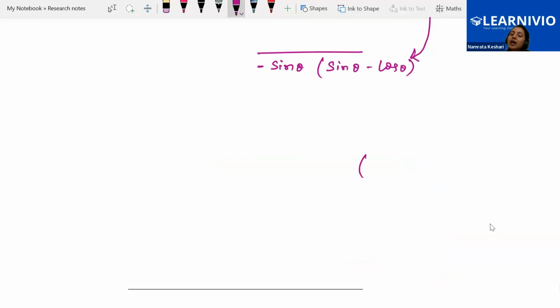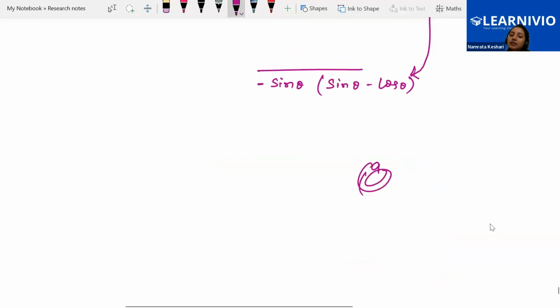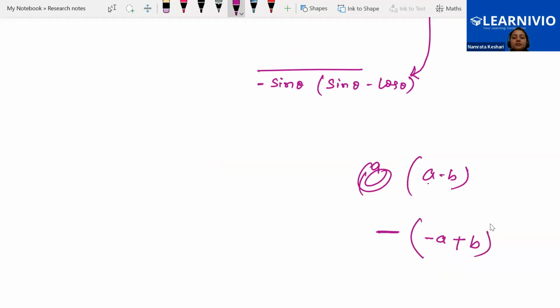When you are having a minus b, and if you want to make it b minus a, then you can write a negative sign by yourself. Then this a will be negative a and this b will be positive b, and hence we can write this negative a plus b as b minus a with the negative sign out.